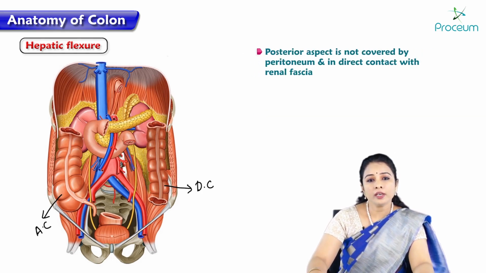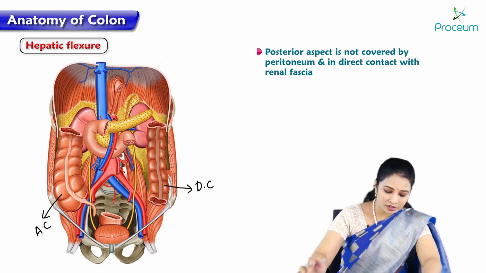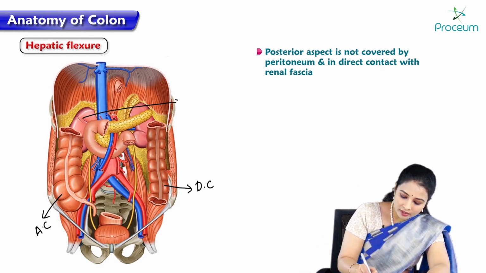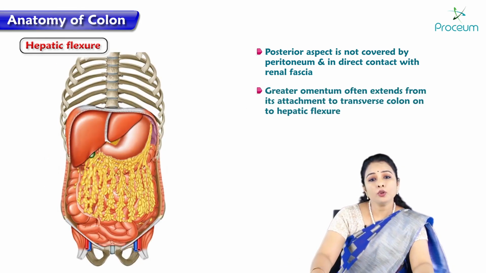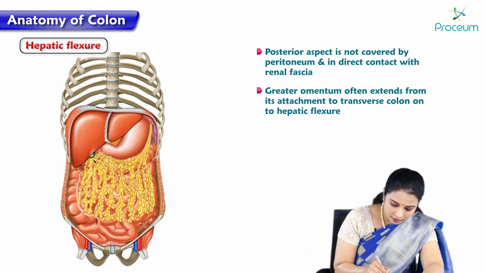The posterior aspect of the hepatic flexure is not covered by peritoneum, and it is in direct contact with renal fascia. So we can see the kidney here, which is covered by renal fascia, the right kidney. And the greater omentum often extends from its attachment to the transverse colon onto the hepatic flexure. So we can see the greater omentum.